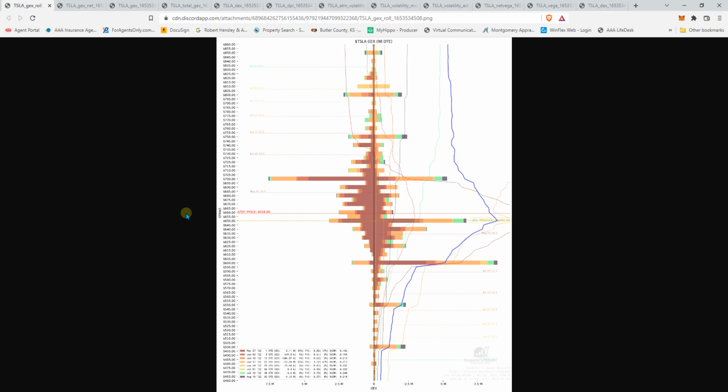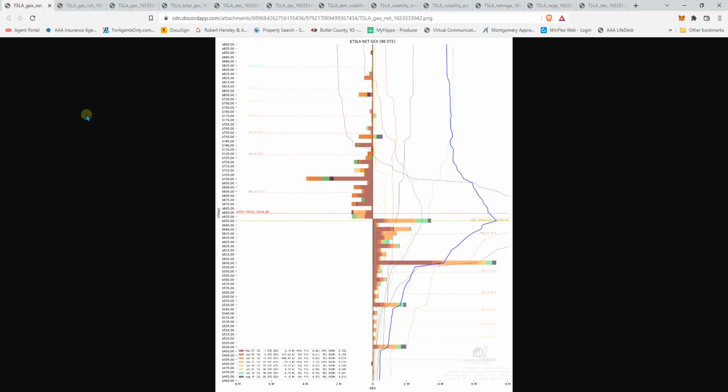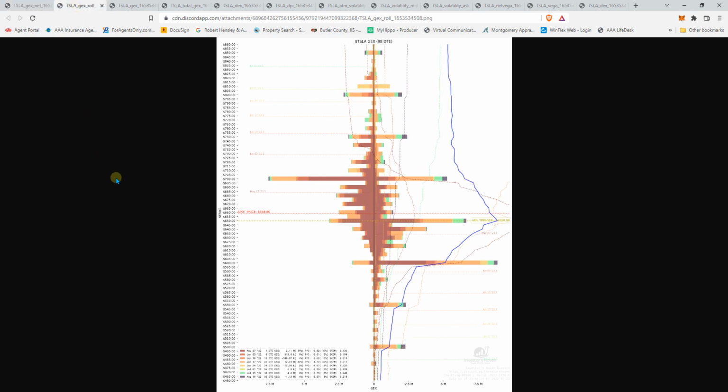So anyways, the first thing I like to do is look at the net GEX, which is the net gamma exposure. This picture here is total. What the net does is it just takes the net difference between the positive and negative, and then it posts it up there.